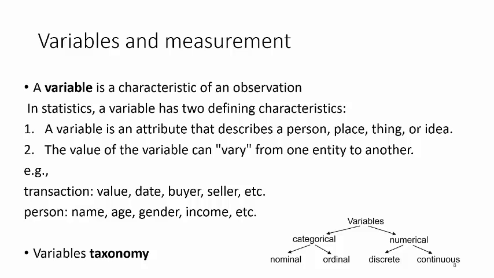In statistics, a variable has 2 defining characteristics. Number 1, a variable is an attribute that describes a person, place, thing, or idea. Number 2, the value of the variable can vary from one entity to another. For example, a person's hair color is a potential variable, which could have the value of brown for one person and black for another.